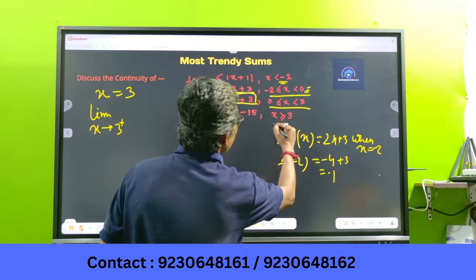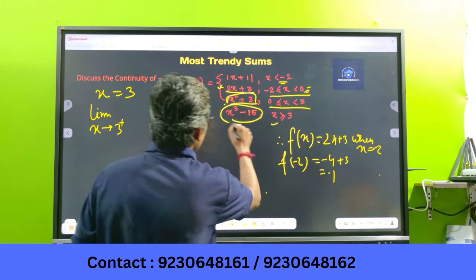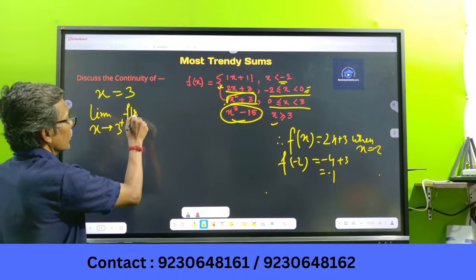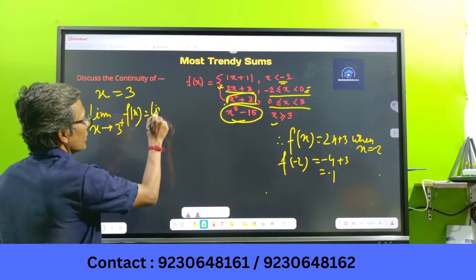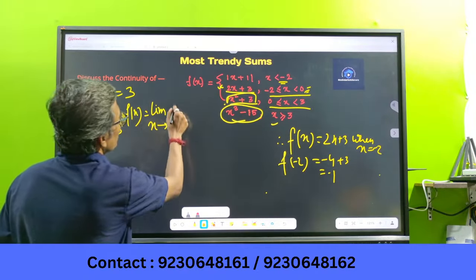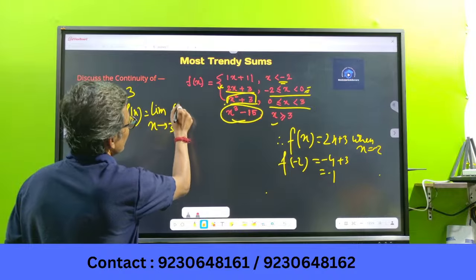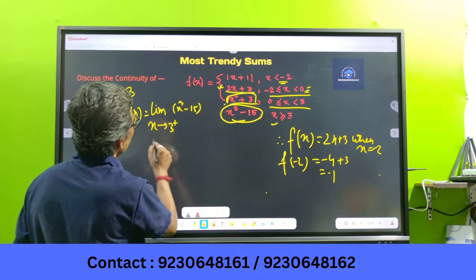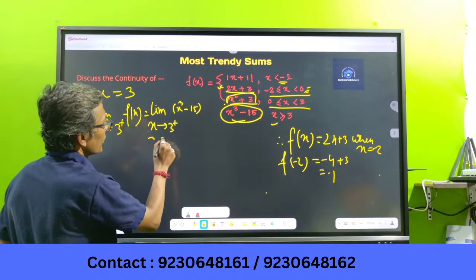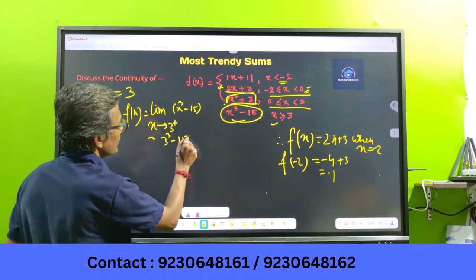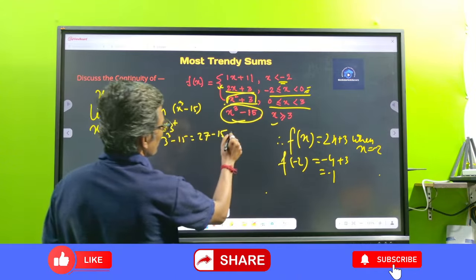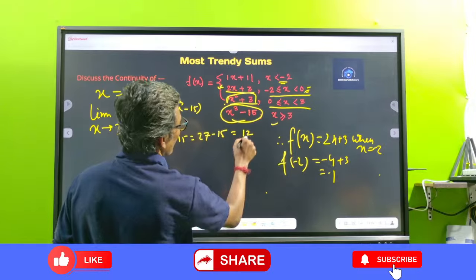So this function will be taken: limit x tends to 3 plus of x cube minus 15. So 3 cube minus 15, 27 minus 15, so 12.